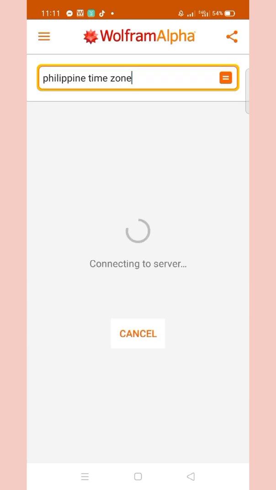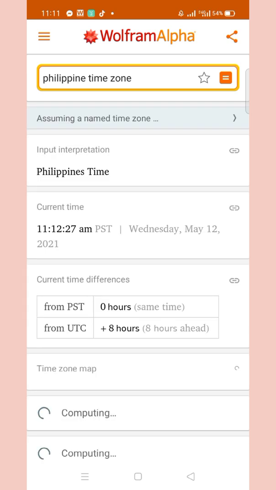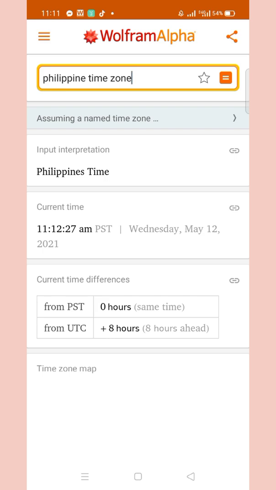Just type Philippine time zone on Wolfram Alpha. Then you will see the result.